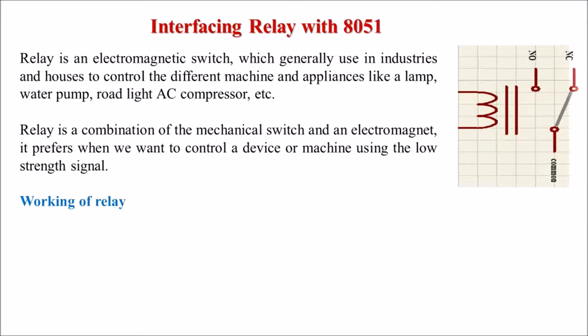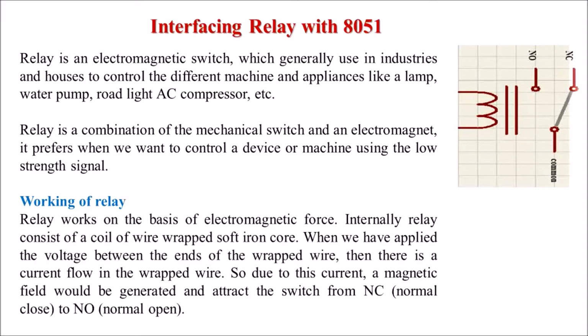Now let us understand how this relay works. It works on the basis of electromagnetic force. Internally, a relay consists of a wire wrapped on a soft iron core. When we apply a voltage between the ends of this coil, current flows through the coil.